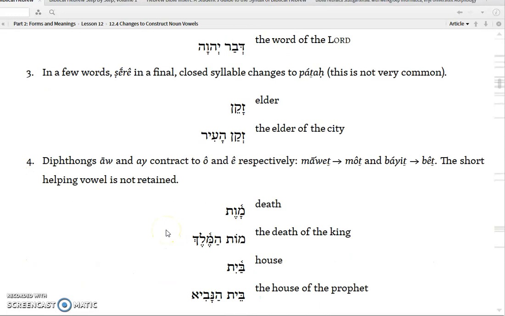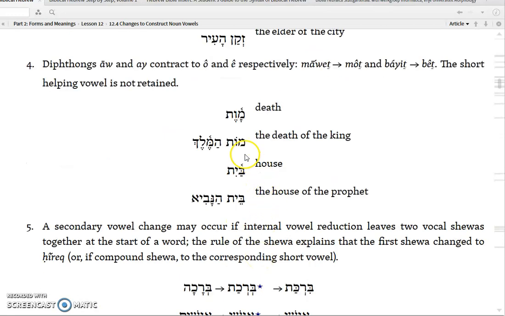The other thing that happens is those diphthongs, AW and AY, will contract to holam vav or sere yod, respectively. So take the word for death, mavet. If you want to talk about the death of the king, well, instead of mavet hamelech, you get mot hamelech.